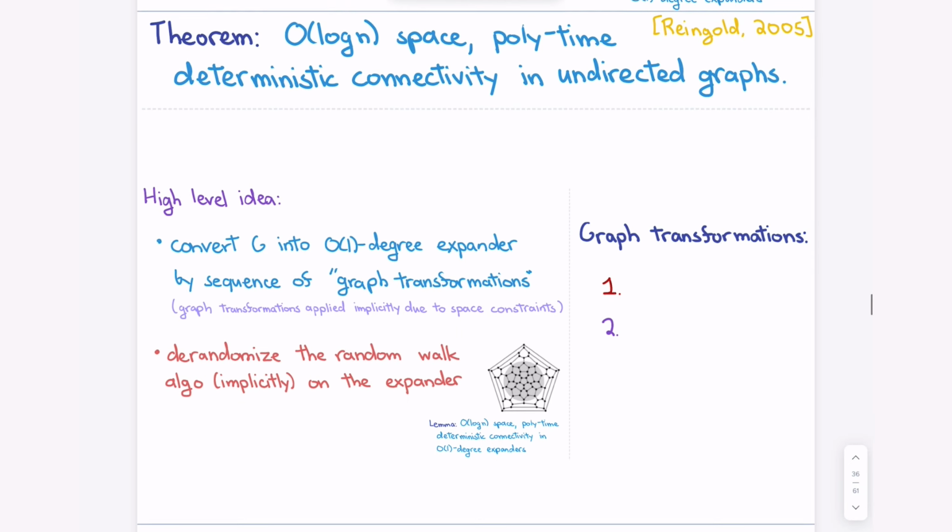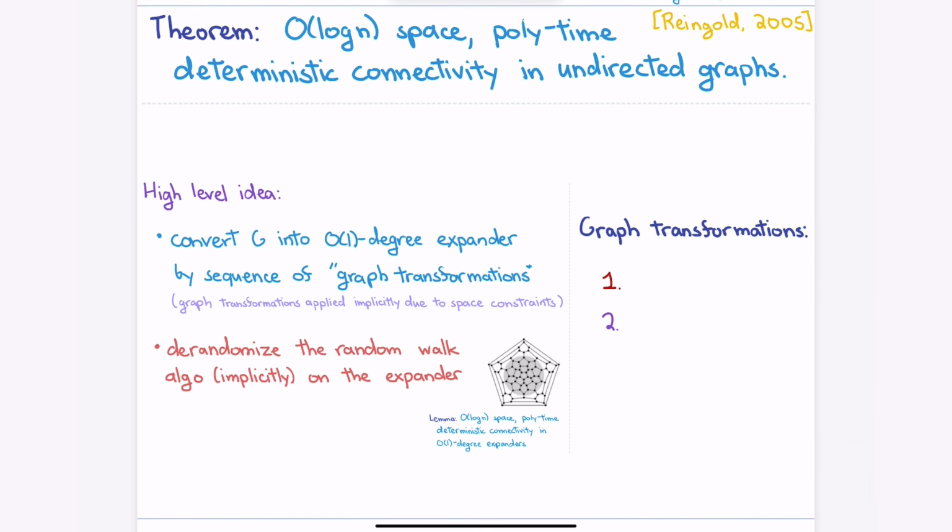All right, so here are our two graph transformations, which we will apply implicitly. Anyone want to guess one of them? Yeah, one will be the zigzag product. Unfortunately, that's number two. Anyone want to try to guess what number one is? Yeah. So one step is going to be powering. I'll explain that in a moment.